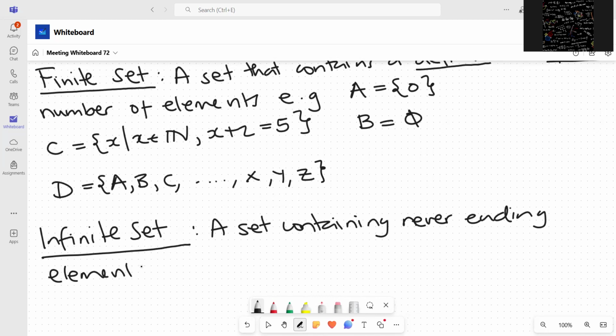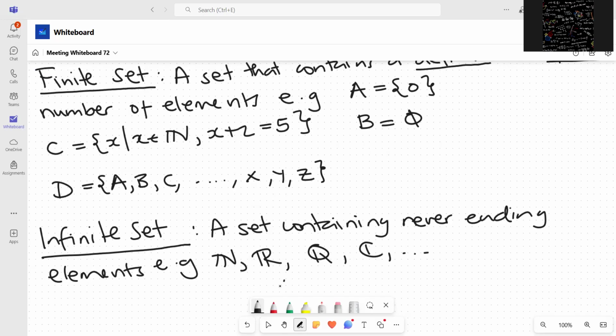Okay, so they never end. We cannot state specifically how many elements we have in that set. So we have the set of natural numbers, of course, the set of real numbers, the set of rationals, the set of irrationals. We have our complex numbers, and there is so many sets that are infinite.